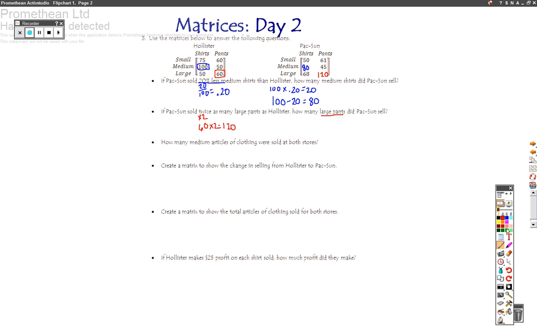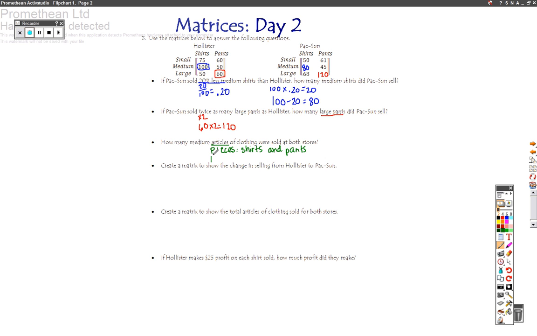Okay. Then I'm going to look at the next one. How many medium articles of clothing were sold at both stores? This word article means like pieces. And it's talking about shirts and pants. So I'm looking at medium.